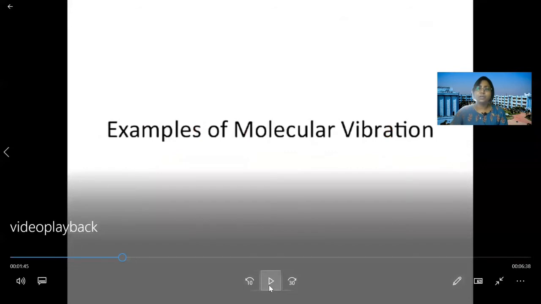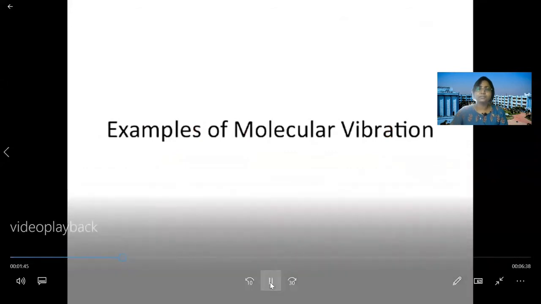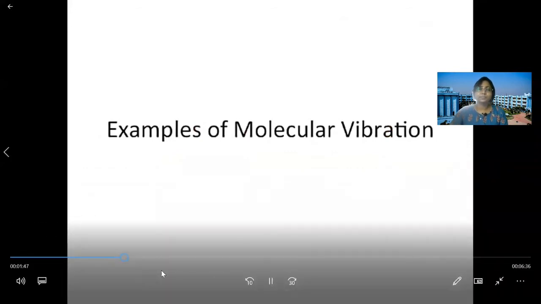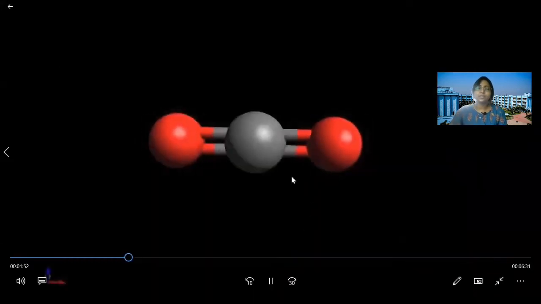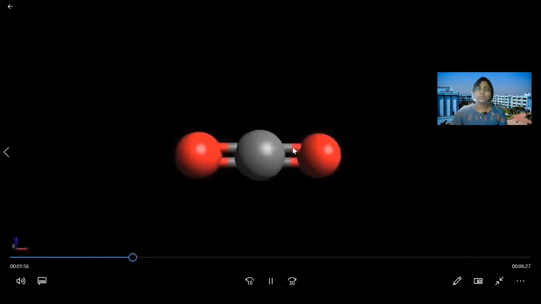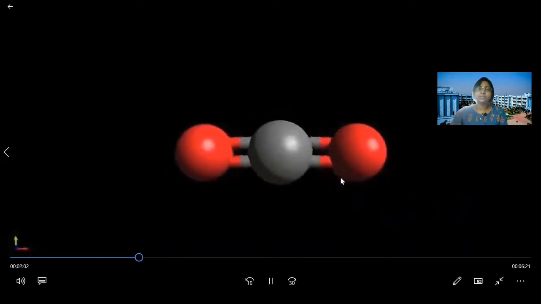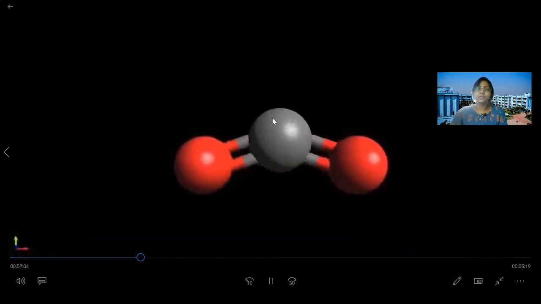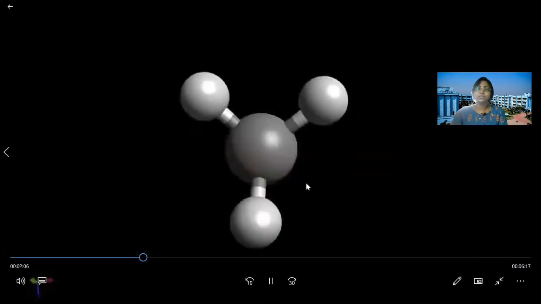Examples of molecular vibration. Here you will see the stretching of CO2. It is the asymmetric stretching. First you saw the symmetric, then asymmetric. Now it is the bending. It is called bending.